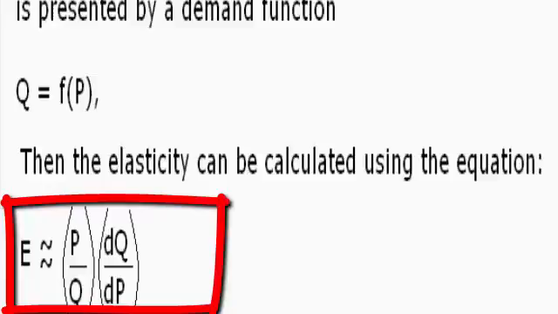The proof behind that involves a little bit of calculus, which I believe is a little beyond the scope of this question. But if you'd like me to do a tutorial on the proof, feel free to leave a comment below, and I'd be happy to expand on that in another tutorial. Alright, now that we understand how to calculate the elasticity of demand, let's get back to our original question.